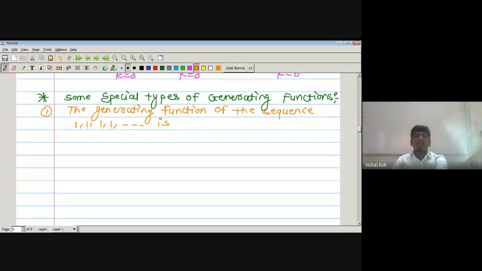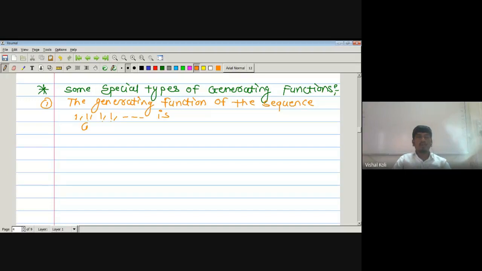Then its corresponding generating function g of x is equal to a naught, which is 1, plus a1x, a1 equal to 1, that is 1 into x, plus a2, again 1, into x square, plus 1 into x cube, plus up to so on. This is nothing but summation k running from 0 to infinity, as here a naught, a1, a2 up to so on have values 1, then it is nothing but 1 into x raised to k.